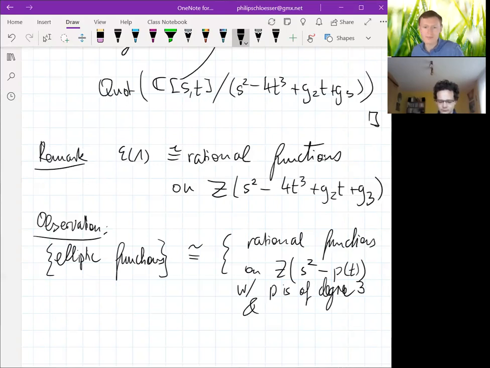And I guess we also need the roots of p to be different from each other.